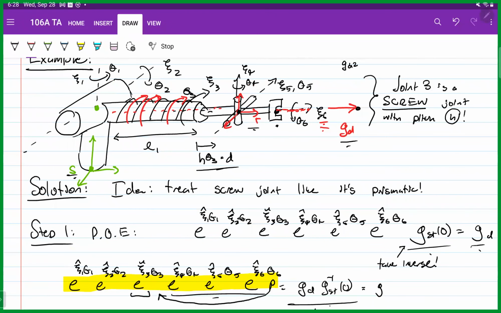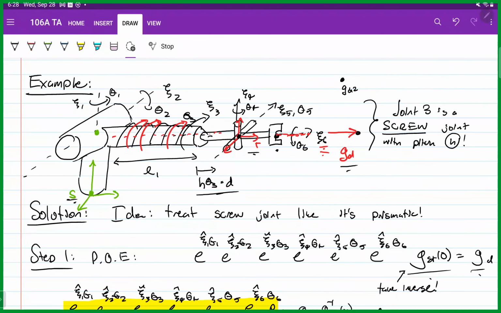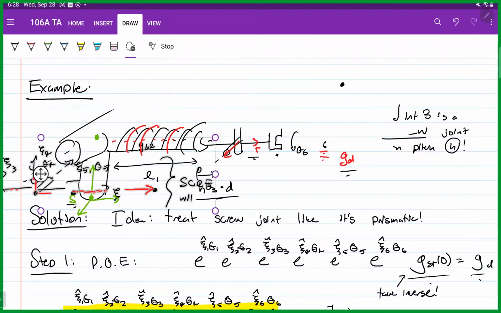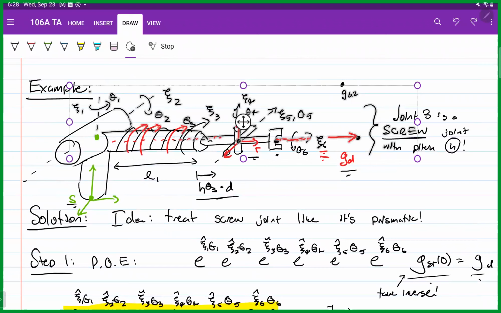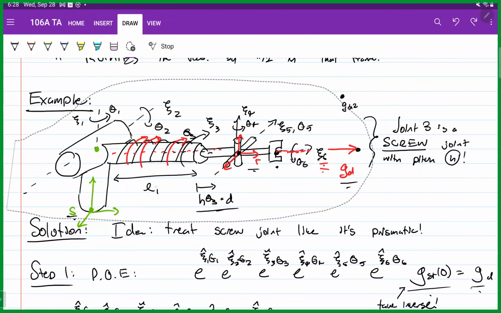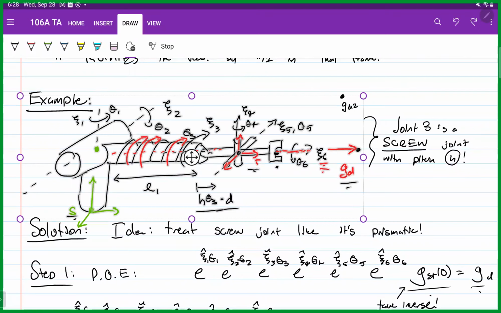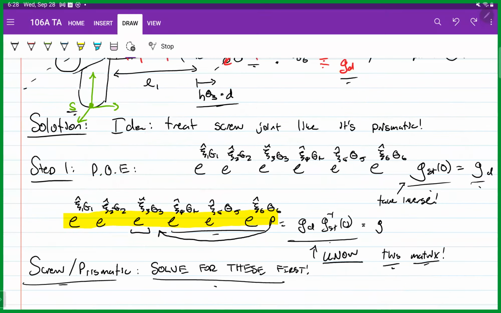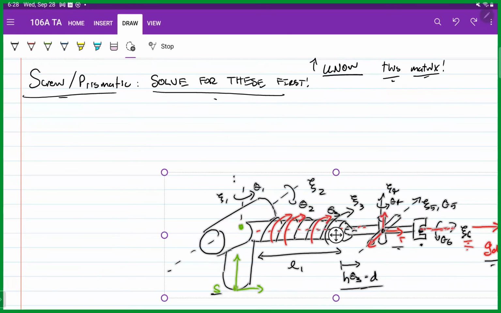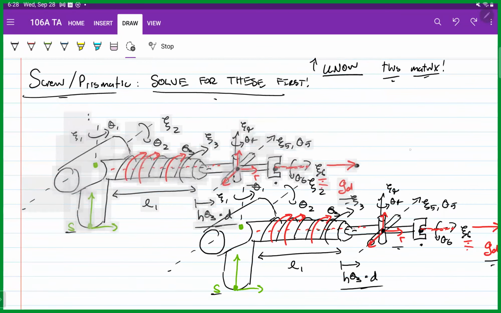So what I'm going to do is get a cleaner version of this, because there's a lot going on in this picture. I'm going to copy this and then put it down there. All right, perfect.